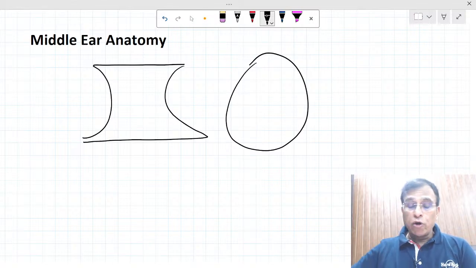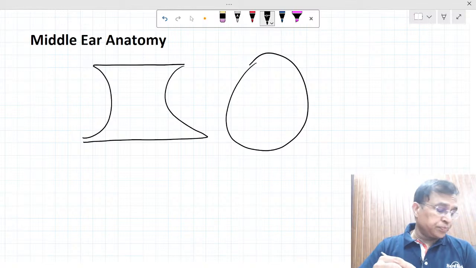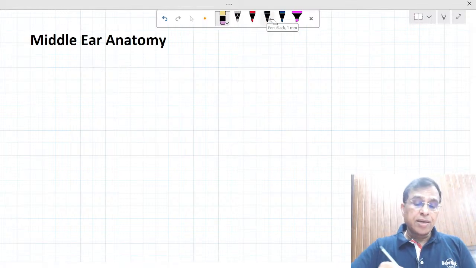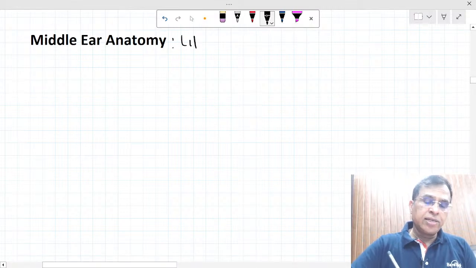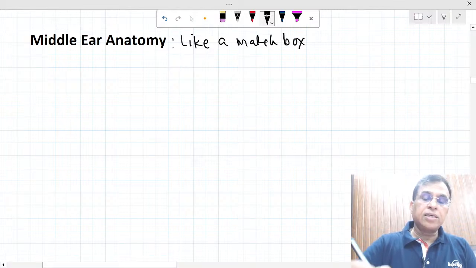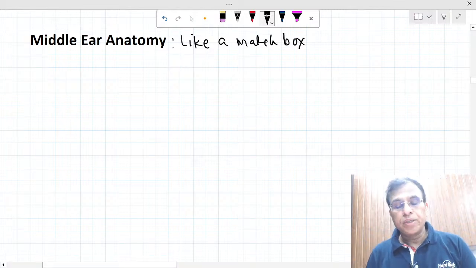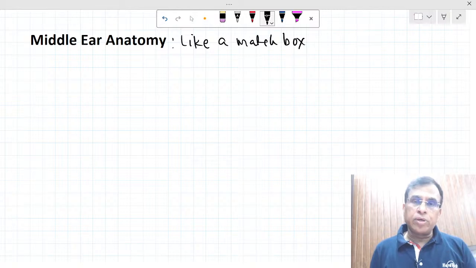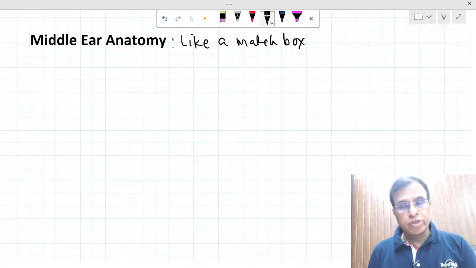And therefore, we have compared the middle ear to, as Ronak says, a matchbox. It is compared to a matchbox. Why is the middle ear compared to a matchbox? Like a matchbox or like any other box, middle ear has 6 boundaries.